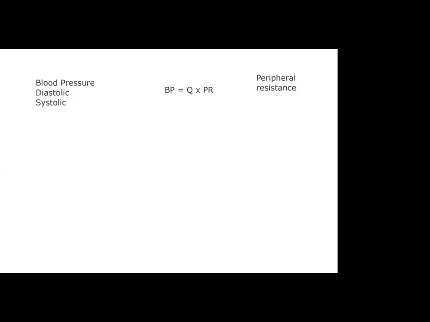Resistance refers to resistance to blood flow. If resistance is high, it's hard to get the blood to flow through the vessels. If resistance is low, it's easier to get the blood to flow through. And we know cardiac output is heart rate times stroke volume. So let me give you a formula for peripheral resistance.